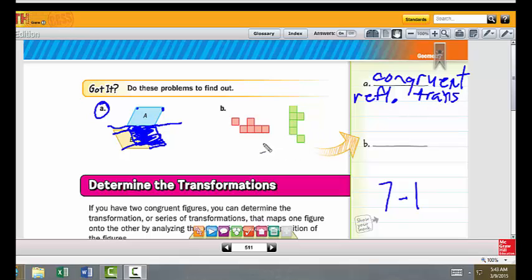Then for letter B, you'll recognize that with figure A, we have this situation here. So in order to get this square to map onto this one, we're going to have to do a flip. I'm going to show this with a couple of steps, but it would look like this, and then you have the one square down here if you were to flip it and then rotate it.